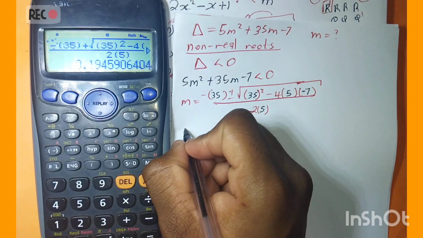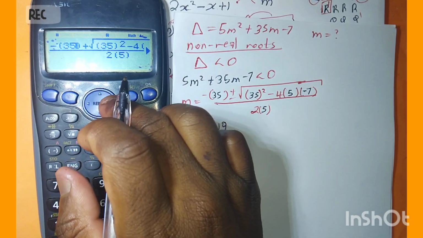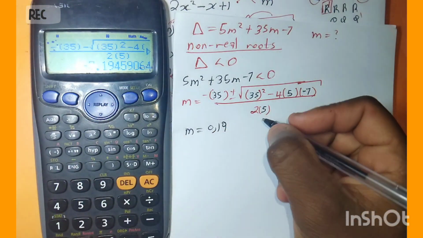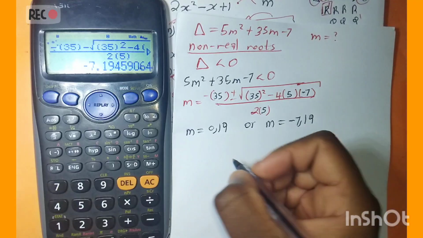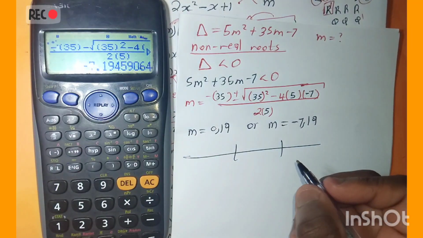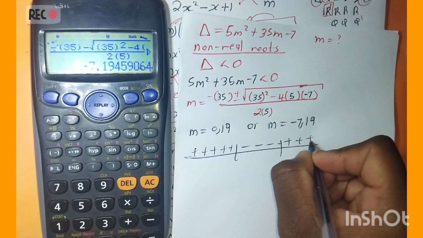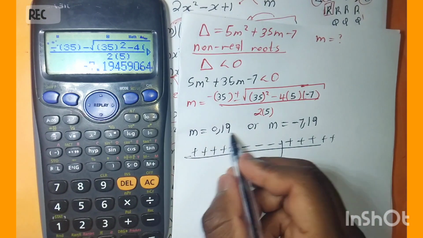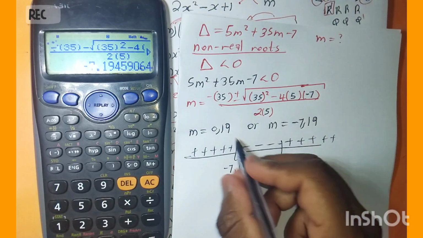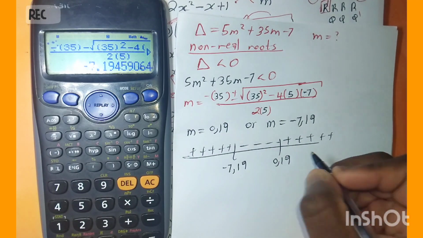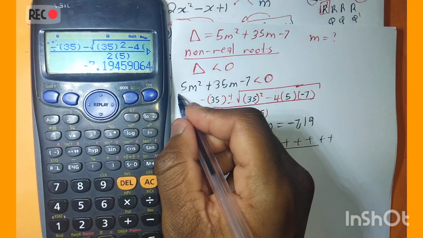So my first answer for m is 0, that. Then for the second answer, m is equal to -7, that. Drawing a number line, this is what I should do. It's positive, negative, positive. The minimum value between these two numbers is the one which is negative, and that positive there I'll put here. 0 is representing the equation.